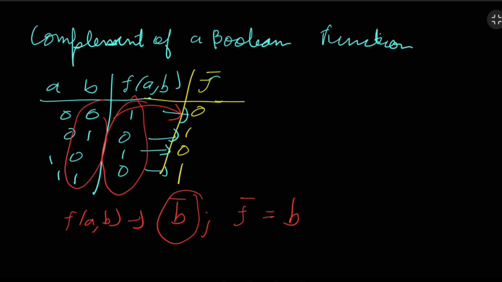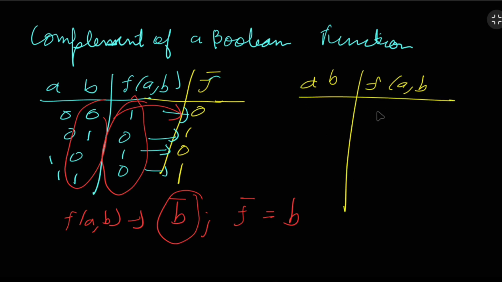So if you have any function, for example, if you take three variables, whatever, let's say you have another function like this. So you can have 0 0 0 0.